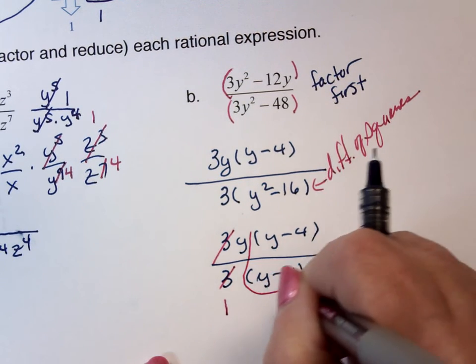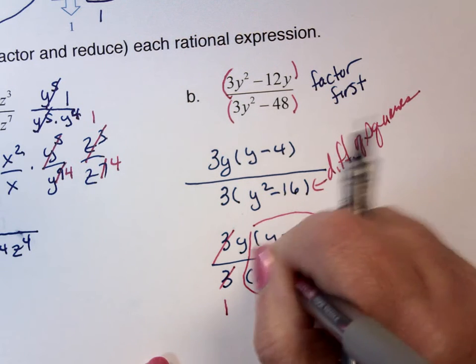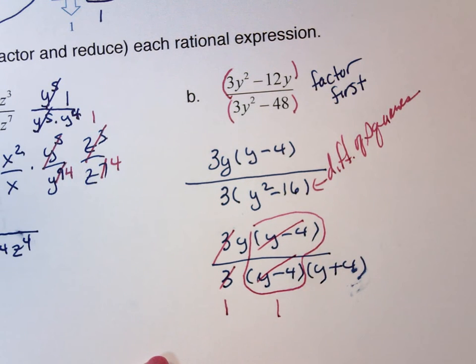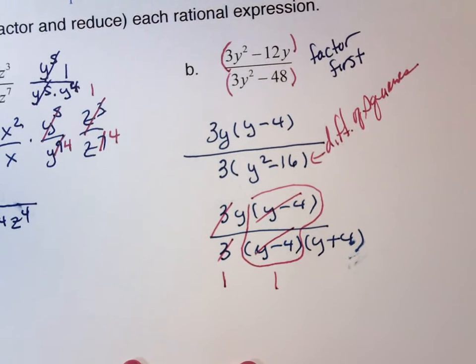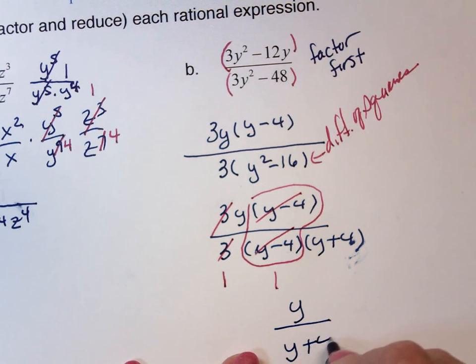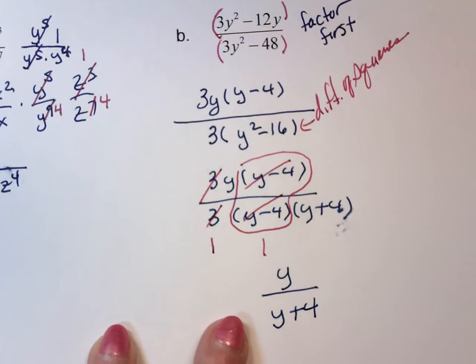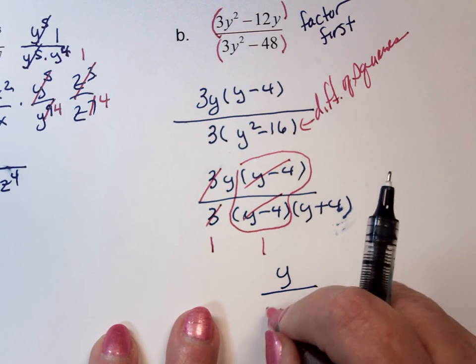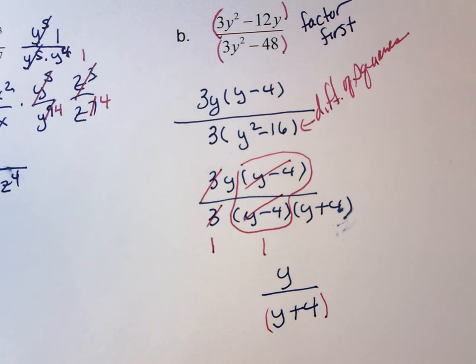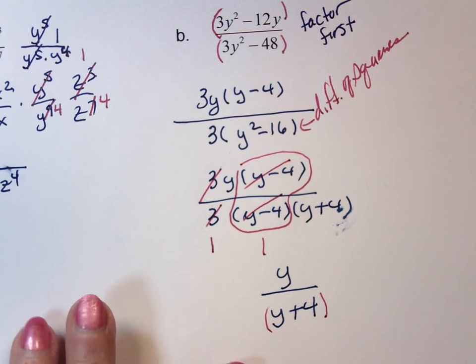Y minus 4, y minus 4, they form a 1. And in the numerator you're left with y over y plus 4. You can't reduce the y's out. Why? Because the addition, that's a set of parentheses. So either the whole thing goes or nothing goes.